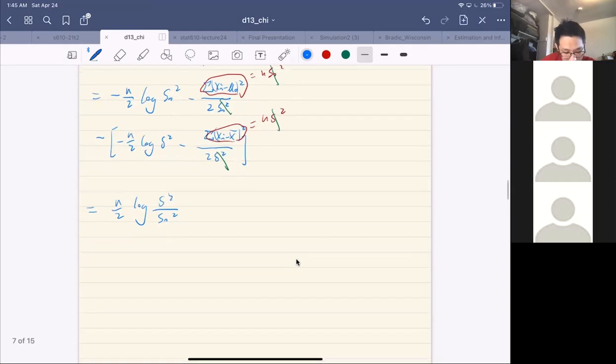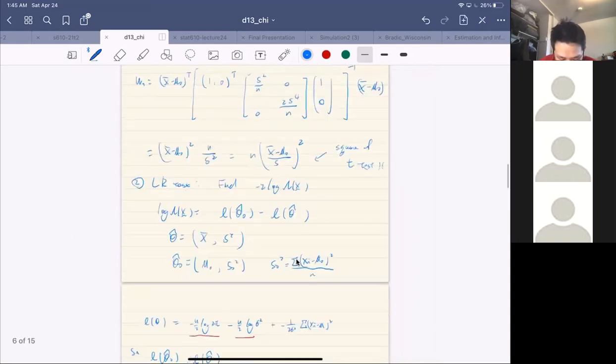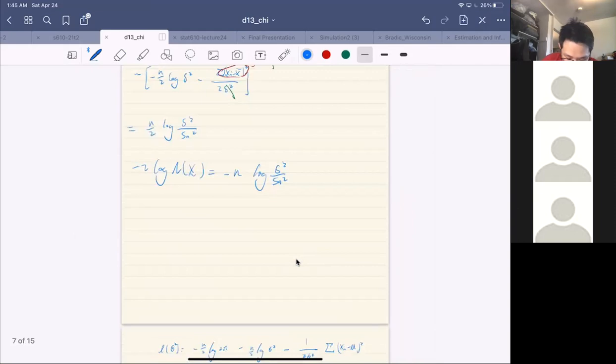So the negative 2 log ratio will be n negative n log s squared over s0 squared. And then you can find a confidence interval.